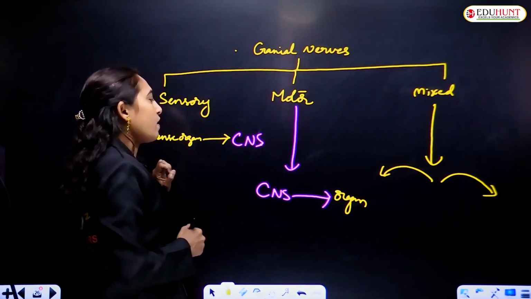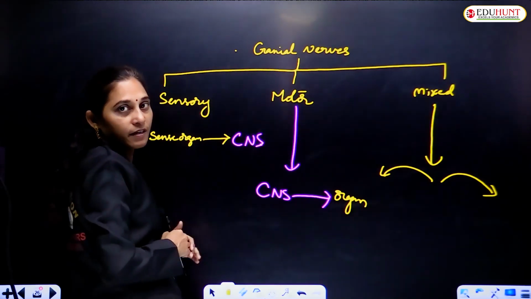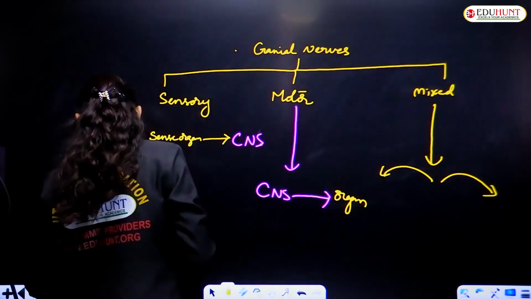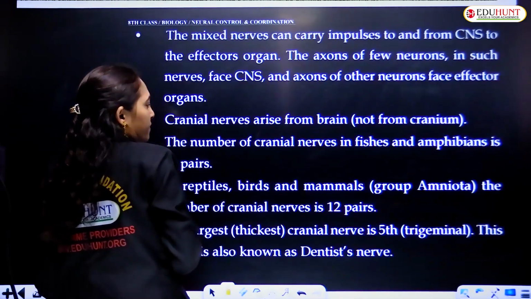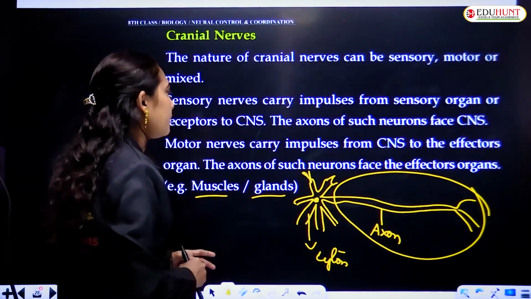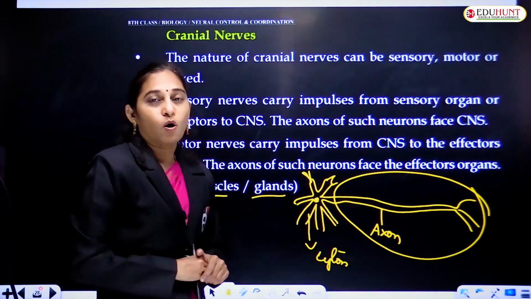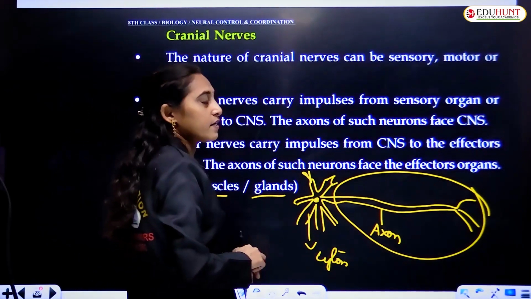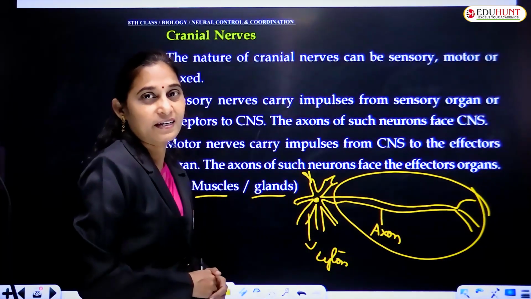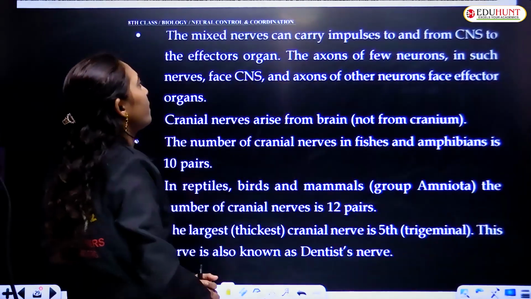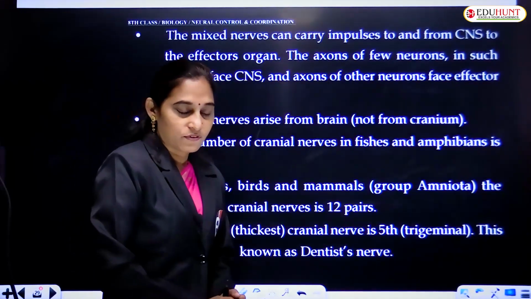In the sensory nerves, the axons face the central nervous system, whereas in the motor nerves, the axons of the neurons face the effector organs like glands and muscles. Okay, the mixed nerves.